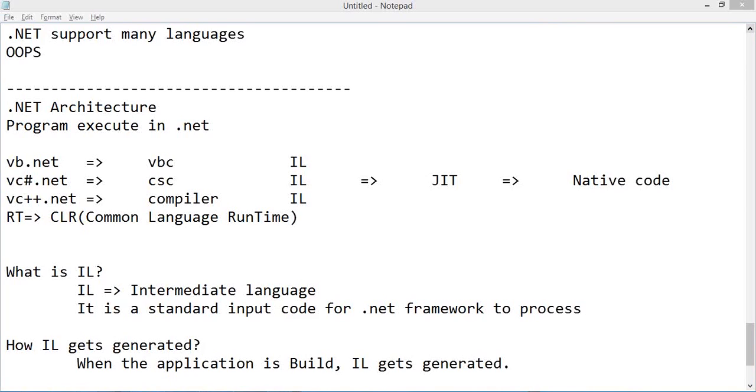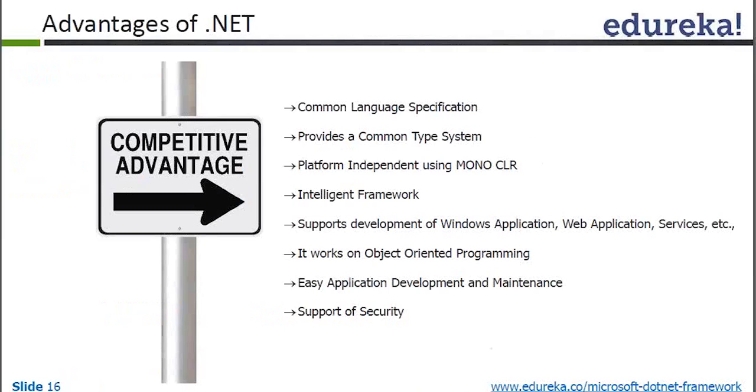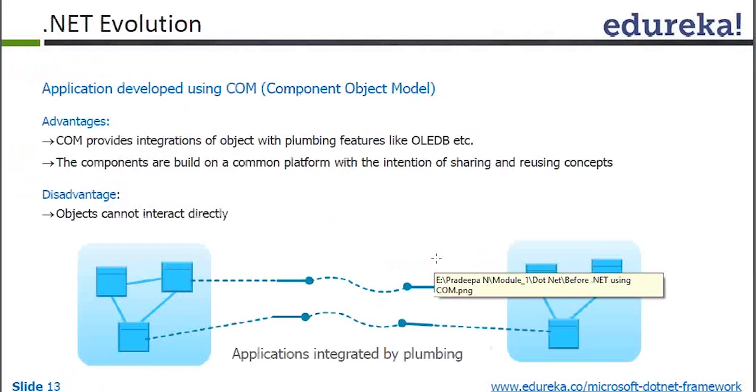Before that, I can tell you a small example here. Plumbing is required, in the sense, for example, you have an application which has two libraries.